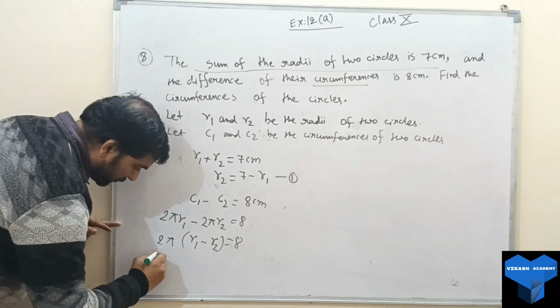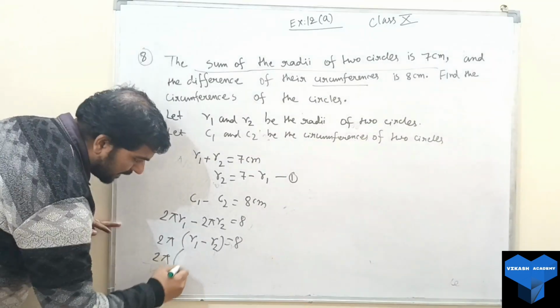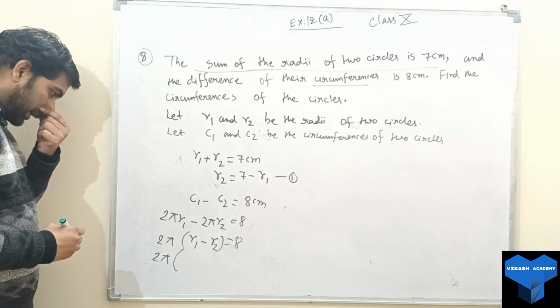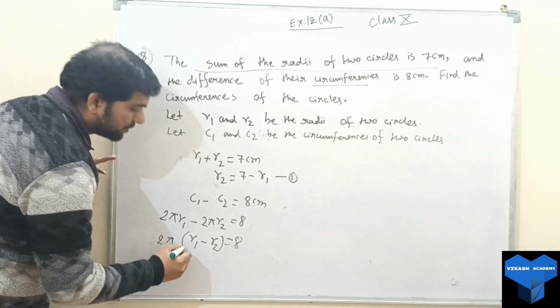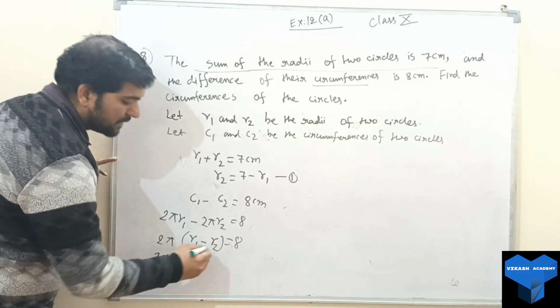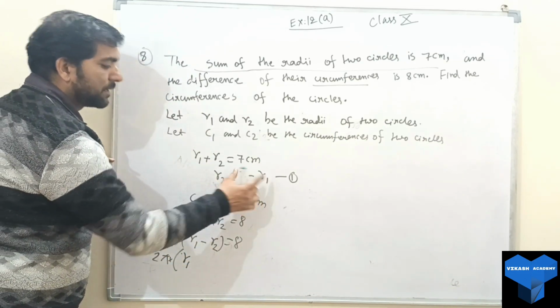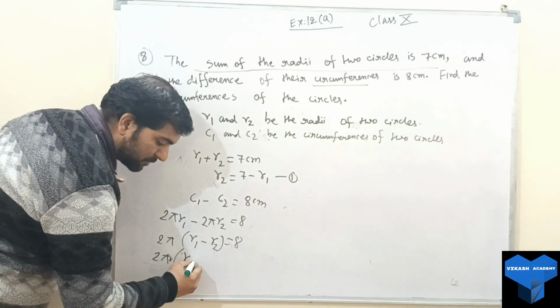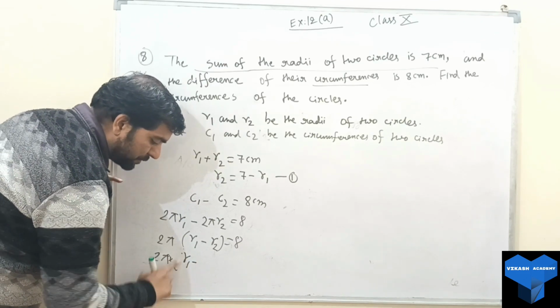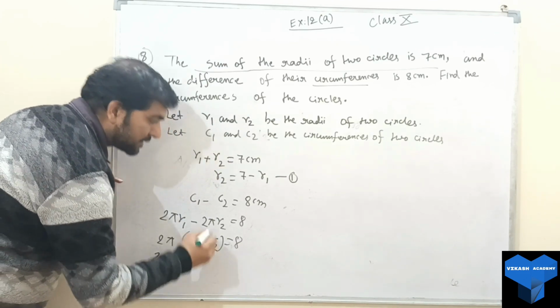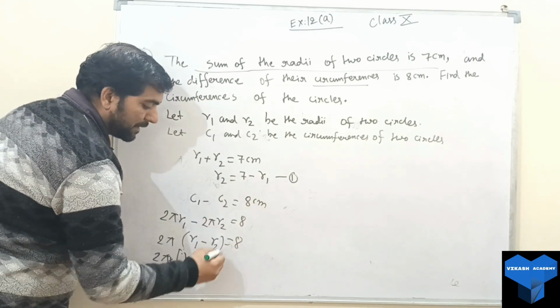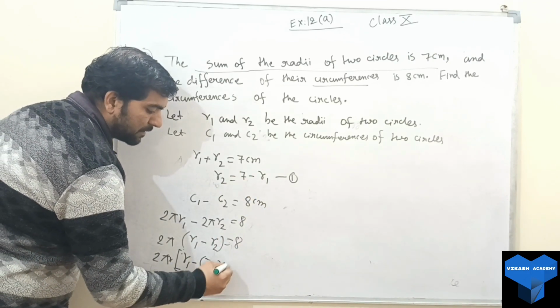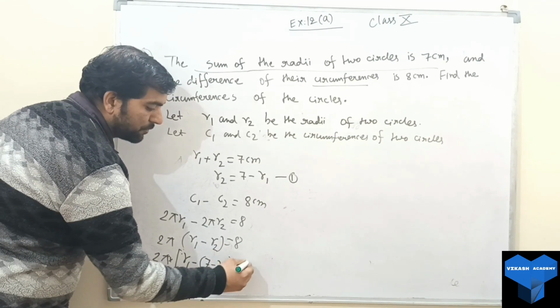At the place of R1 I can write R1, but in place of R2 I can write 7 minus R1. So 2 pi, and here I will use the big bracket, R1 minus, and for R2 I will put this value, 7 minus R1, is equal to 8.